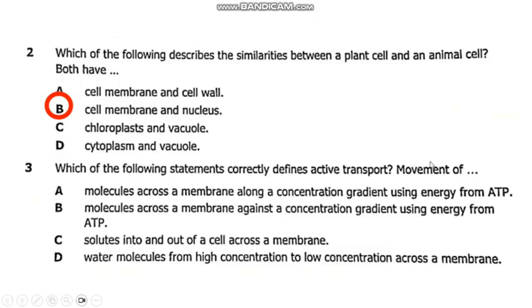The best definition of active transport is the movement of molecules across a membrane against a concentration gradient using energy from ATP. So the correct answer here is B.